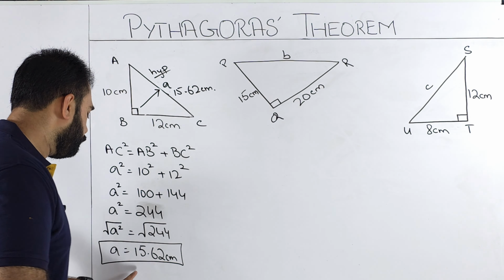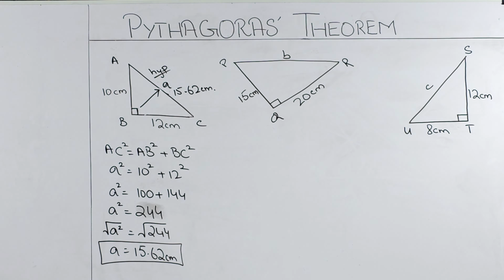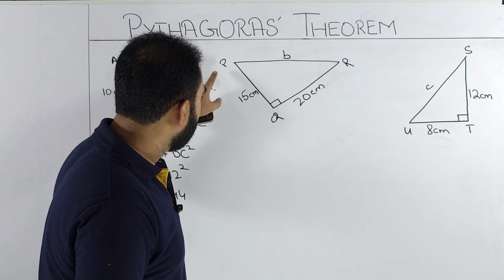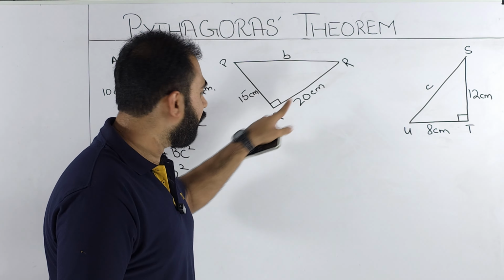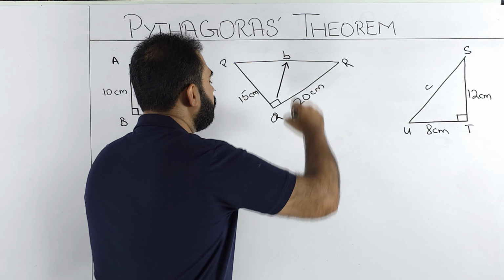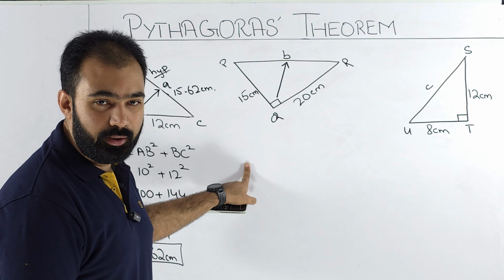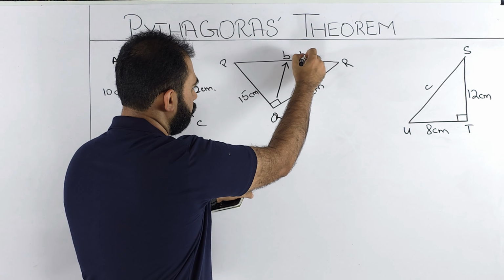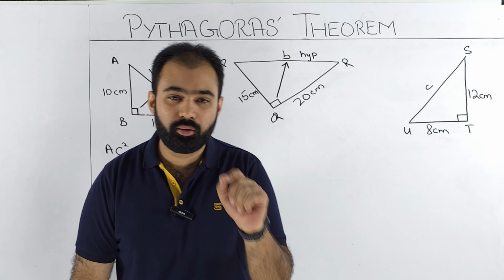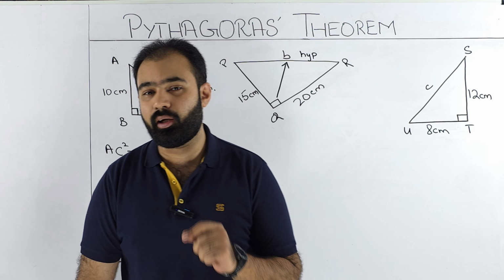Now, again, triangle PQR is a right angle triangle, which means the length opposite to this 90 degree is the hypotenuse. See, it is important कि आप hypotenuse को identify करें अपने right angle triangle में.